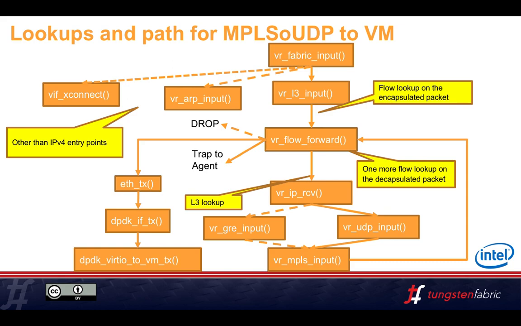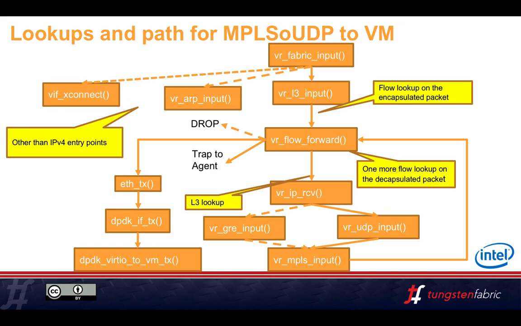This is specifically an example for the MPLS over UDP input path. So first is the layer 3 input, where we have the flow lookup of the encapsulated packet. Then we have the VR flow forward.